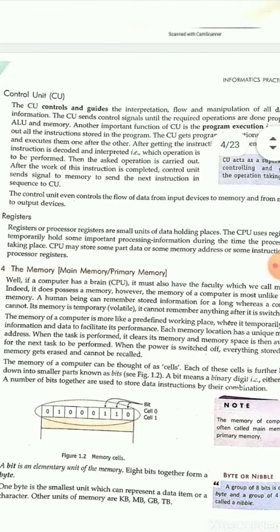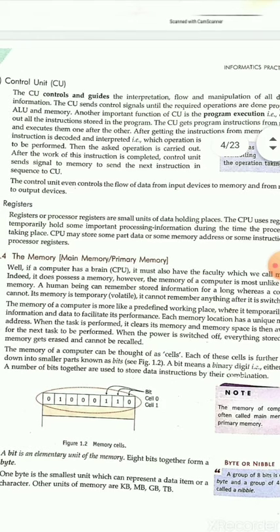For example, if we want to add two numbers, then the first number is stored in one register, the second one is stored in another register, then addition process takes place, and after addition is done, the result is stored in another register, and once the addition process is over, the register is stored back into the memory. That means it is a temporary storage where the important data and instructions are stored temporarily.